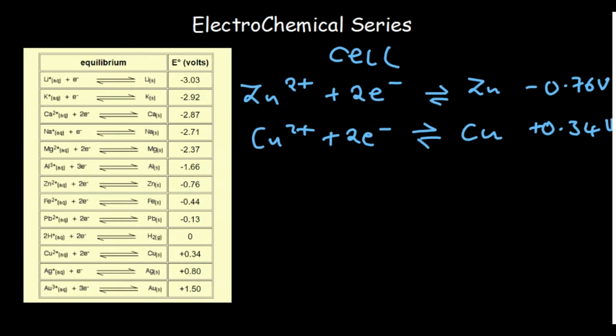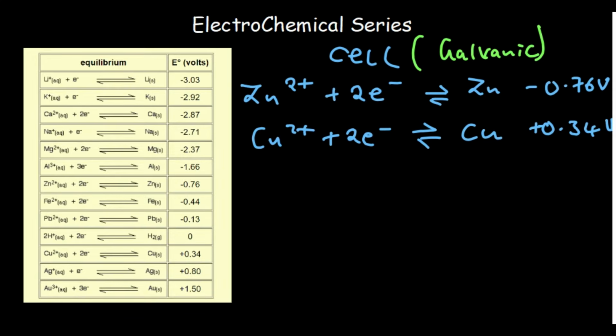Copper is positive. I said the ones that are negative tend to be oxidized. In each case you want to come up with values so that you'll be able to form a galvanic cell. A galvanic cell is a cell that has a positive standard cell potential. That is only attained if, when you add these values, they give you a positive.